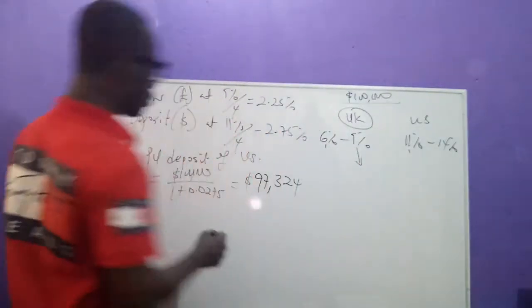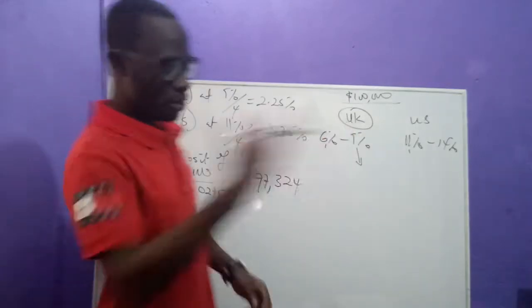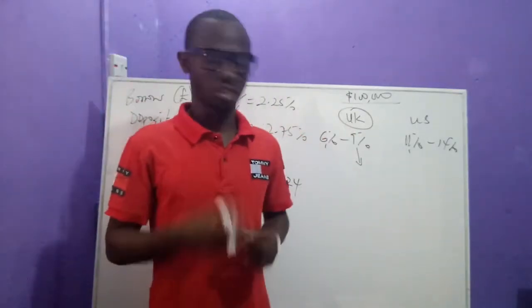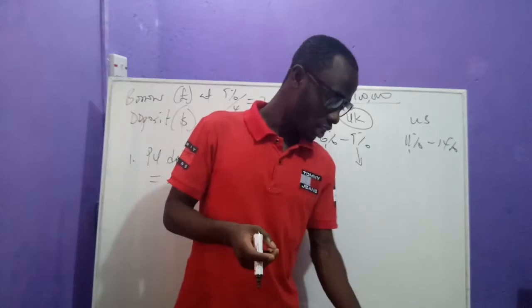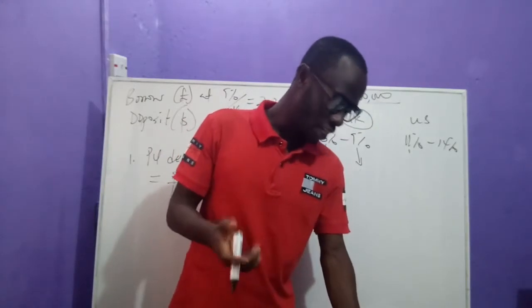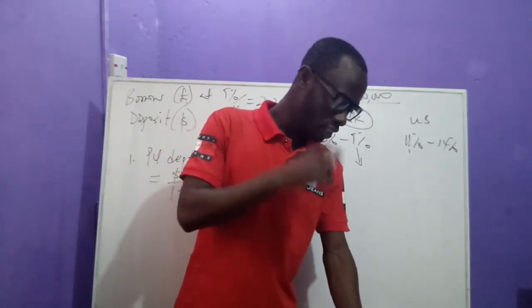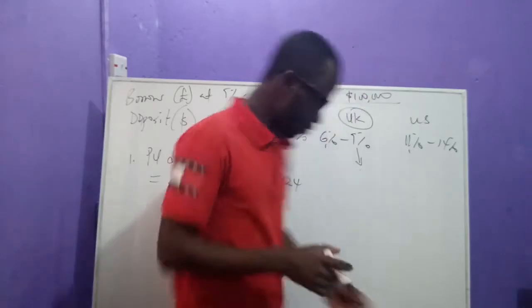So we need to go there and buy, and the forex will sell to us. And you know that the forex always sells at the low rate, and that is 1.4960.